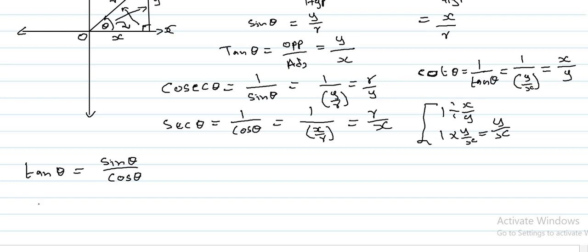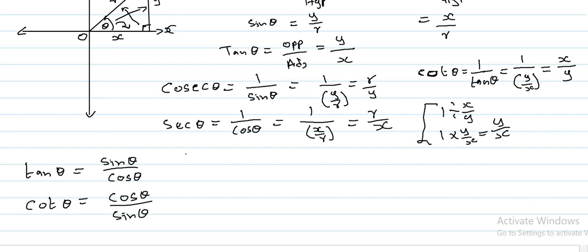And every time when you see the cot of theta, it must be changed into cos of theta over the sine of theta. Every time when they say simplify or reduce, when you see tan, you simplify it into sine over cos. Cot, you change it into cos over sine.